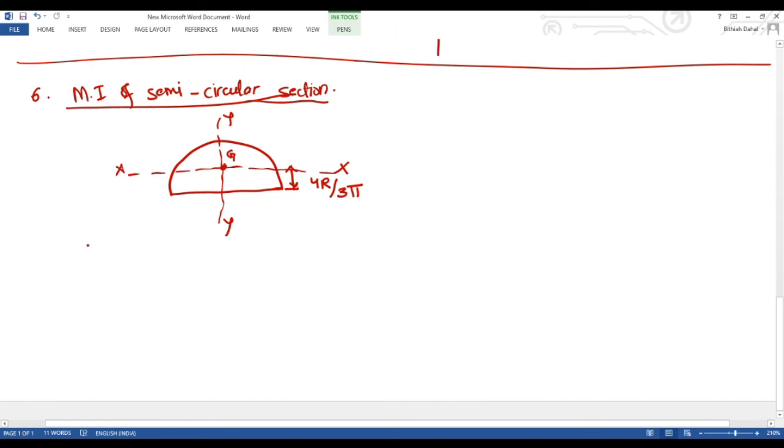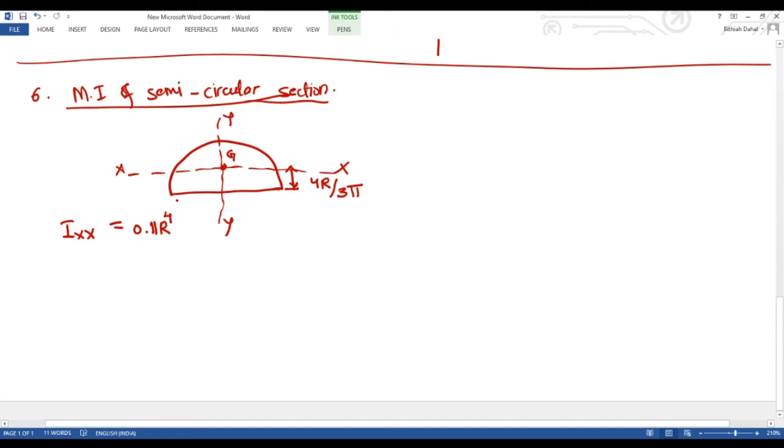Now if I want to find the moment of inertia about the x-axis for a semicircular section, it will be equal to 0.11 r raised to power 4.